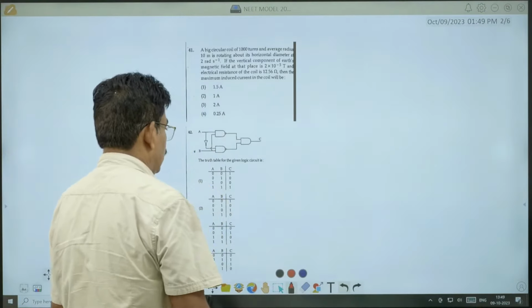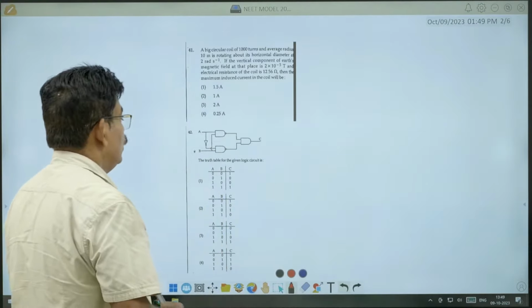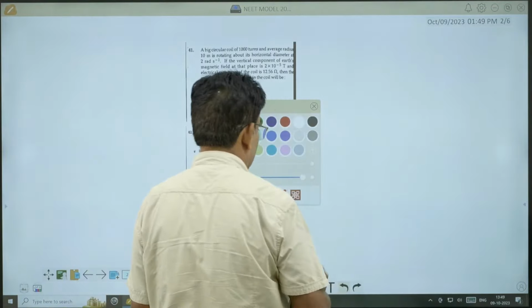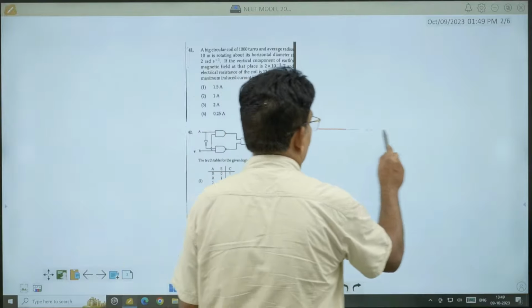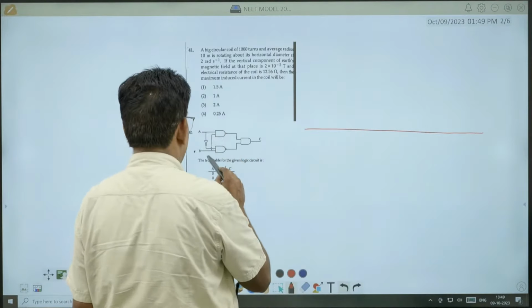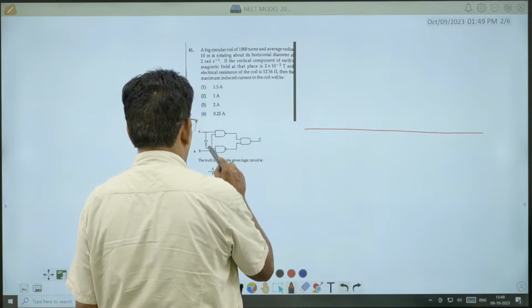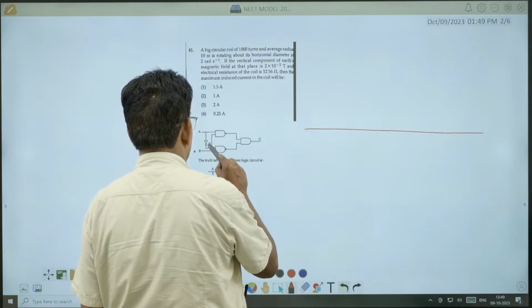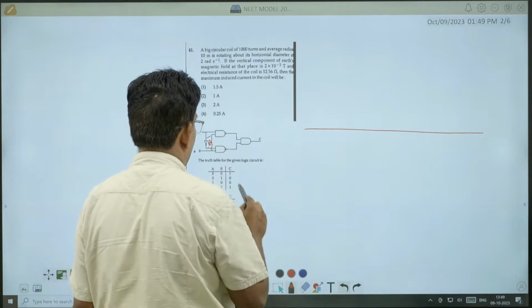Next question. You have to draw the truth table for this. Look. This is A, this is B, and one of the inputs I can say is A bar.